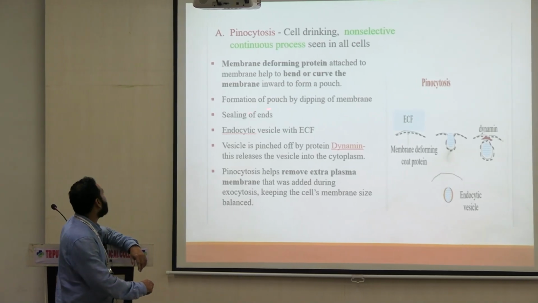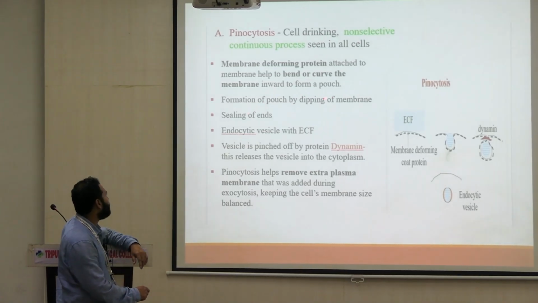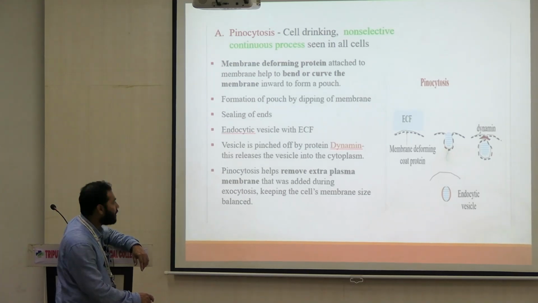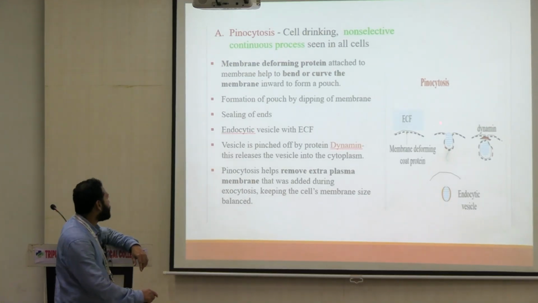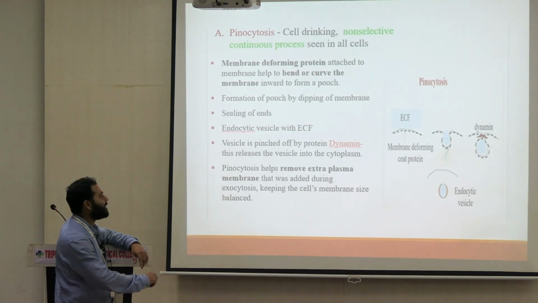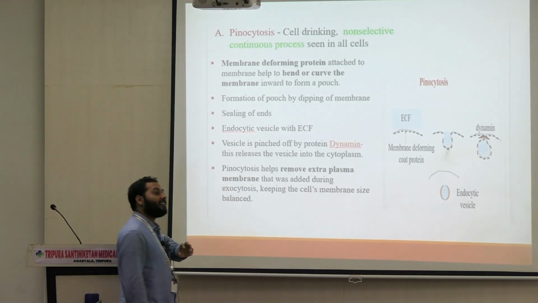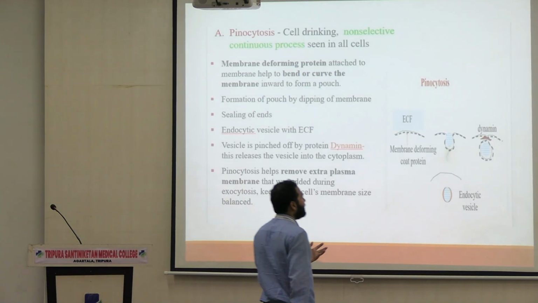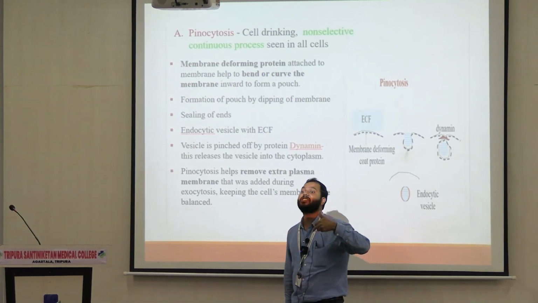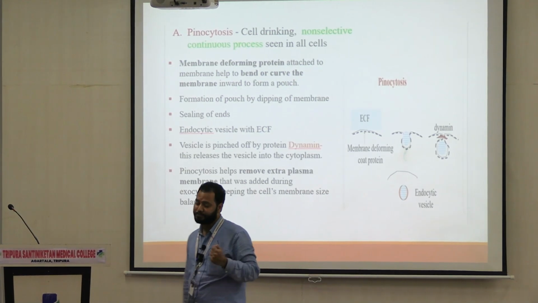The pouch forms by dipping of the membrane, and this dipping helps in the formation of a vesicle called an endocytic vesicle. These endocytic vesicles contain fluid materials, which are extracellular fluid.